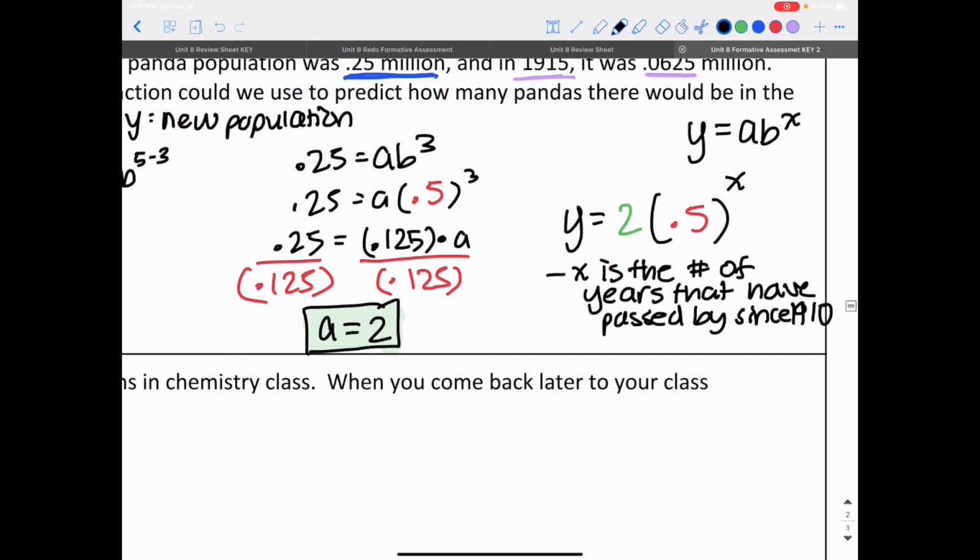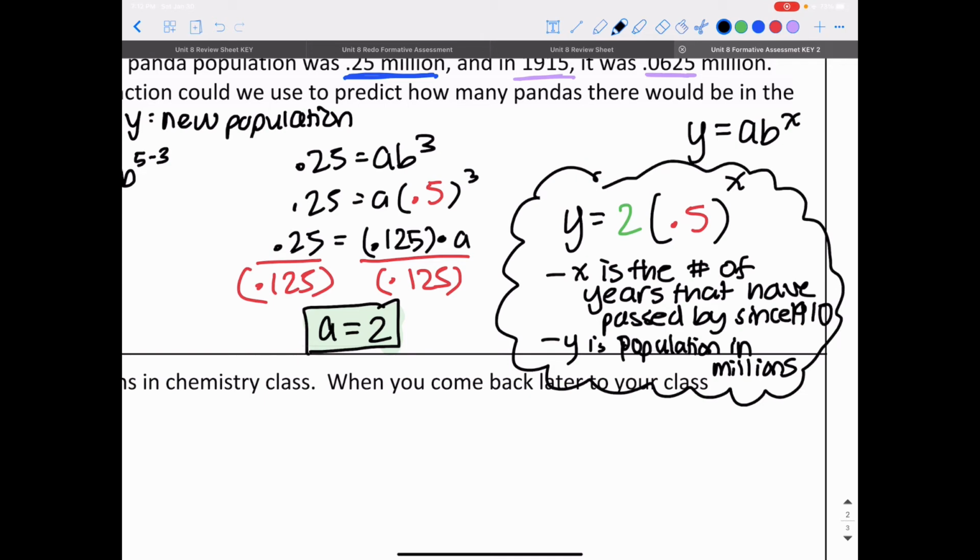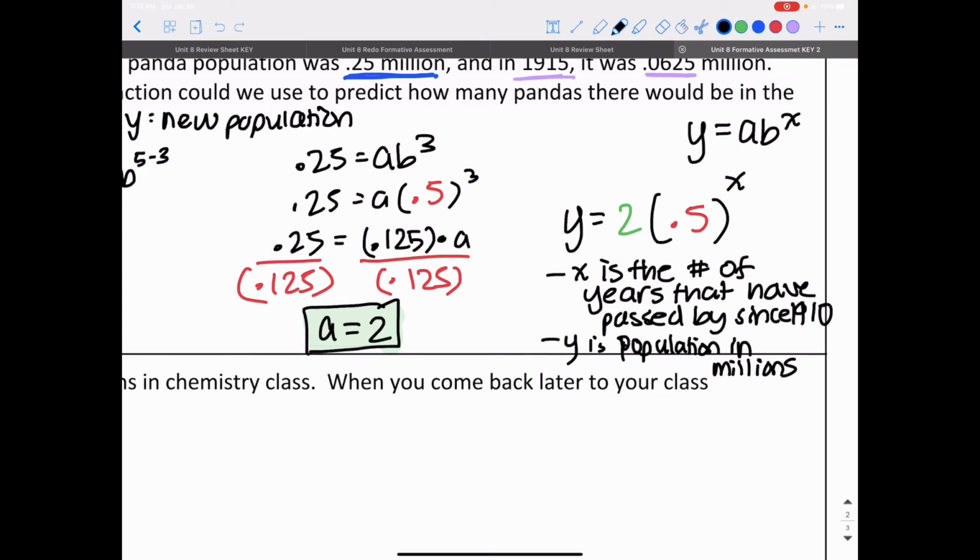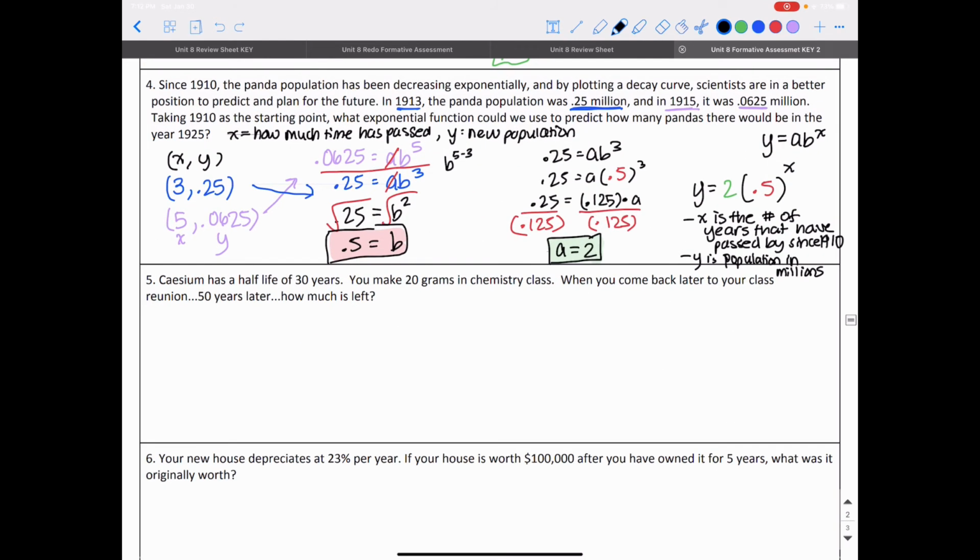And y is the population in millions. And that's my answer. I'm going to erase that bubble so I can see what my fifth problem says.